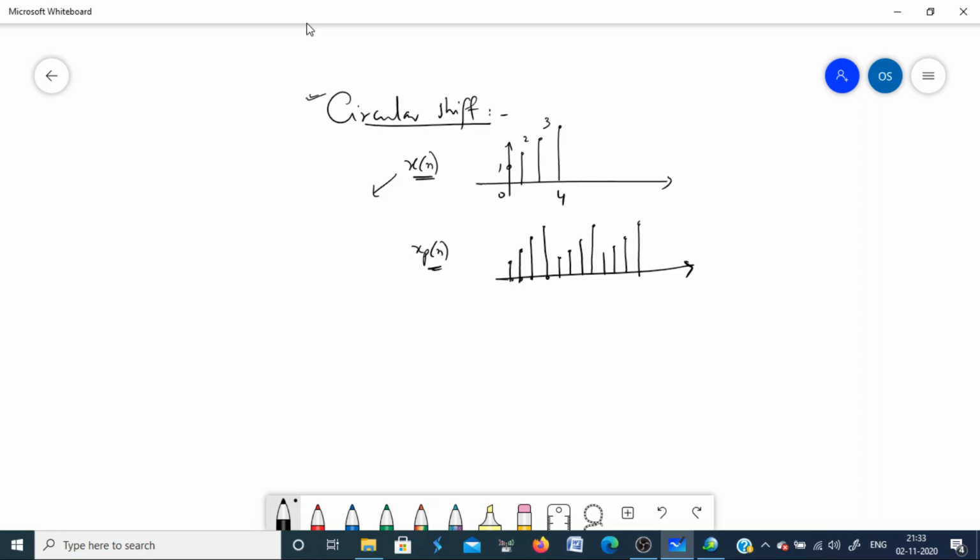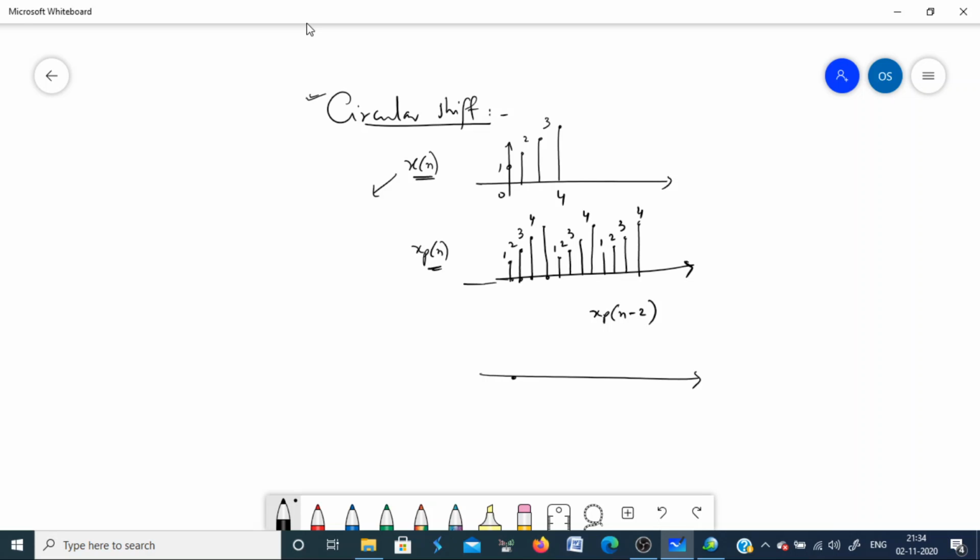which is called x_p[n]. So it is 1, 2, 3, 4, then 1, 2, 3, 4. So this sequence repeats after 4 samples. And if I delay this sequence in time by some samples, suppose 2 samples, it means if I plot x_p of n minus 2, what will I get?